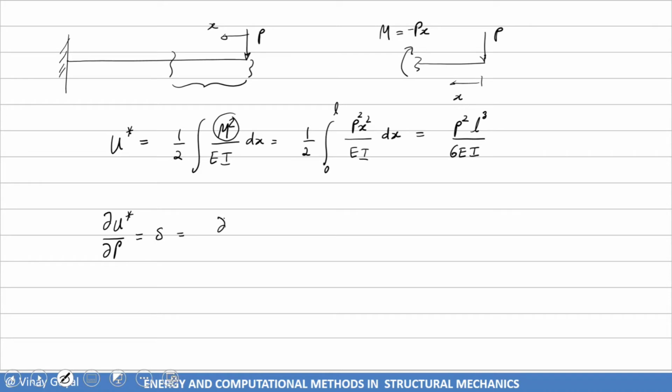So I'll get partial U star with respect to P is PL cubed over 3EI. Isn't that exciting? I'm probably the only one that's excited, but who cares? I'm excited. It's a big deal.